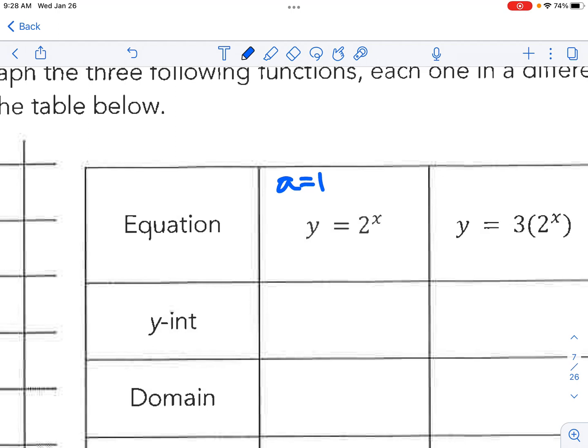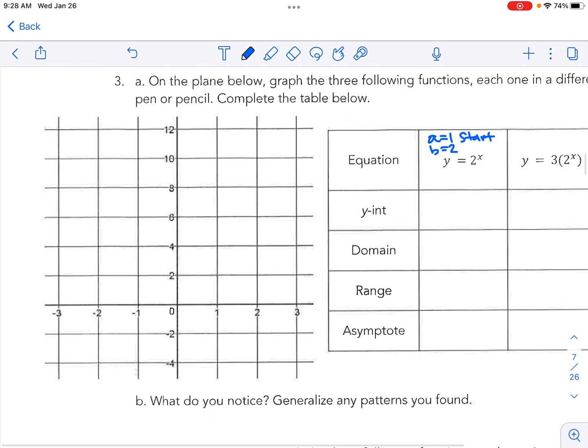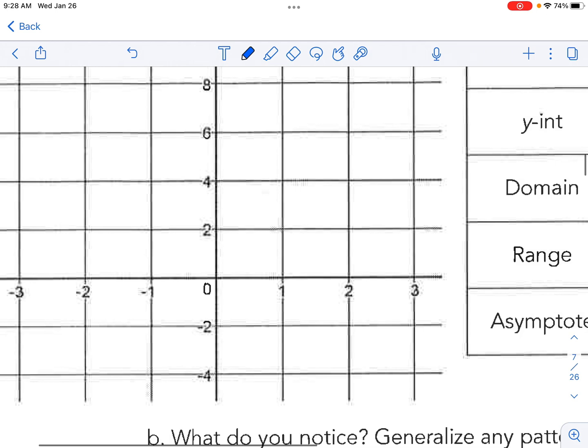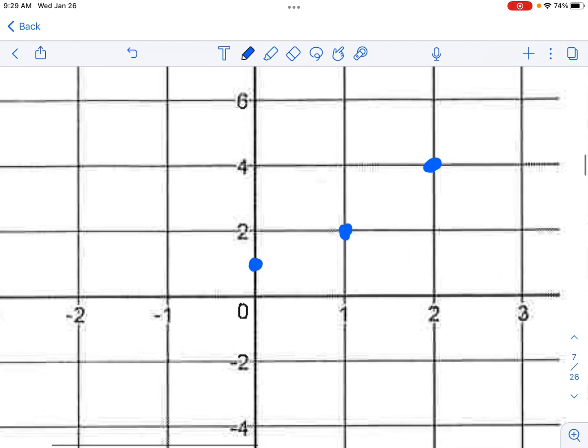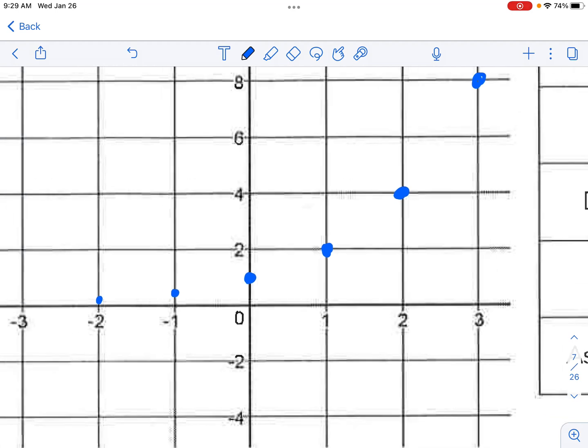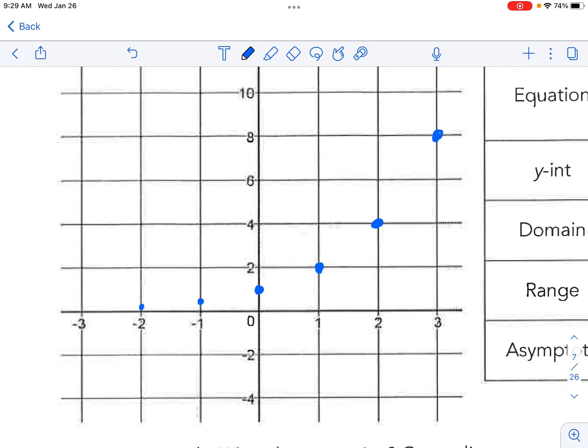And so my A equals 1, that's my start, that's my intercept. And my B, my base, is 2. So we're going to graph that one. And this is counting by 2s. So don't be fooled, right? If we're counting by 2s here, then the intercept 0, 1 is right here. And then 2 to the first power would be here, 2 to the second power would be here, 2 to the third power would be here, 2 to the half would be here, and 2 to the minus 2 or squared would be there.